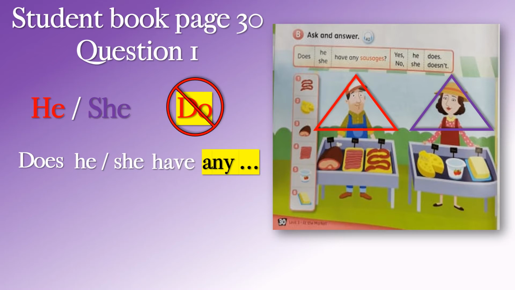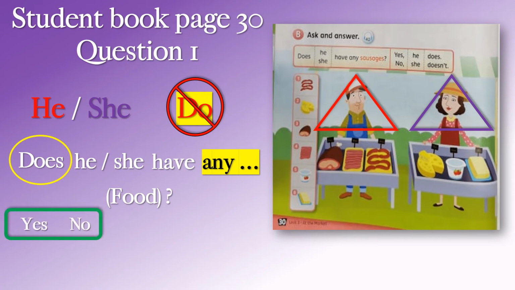have any, not some, any, and then the food. Does he have any sausages? Does she have any cheese? Question is does. So we know the answer will be yes or no. So what are the answers? Yes, he does, or yes, she does.